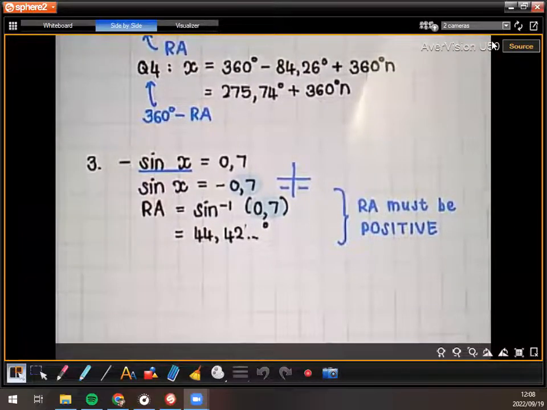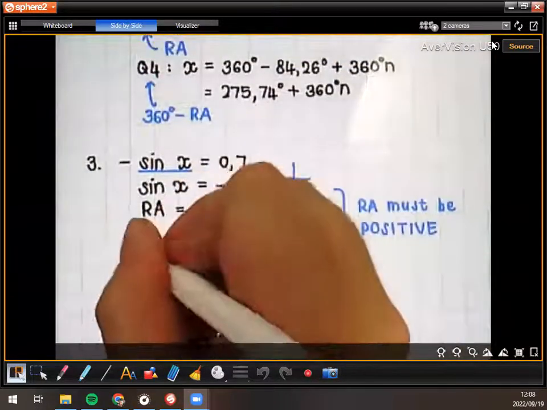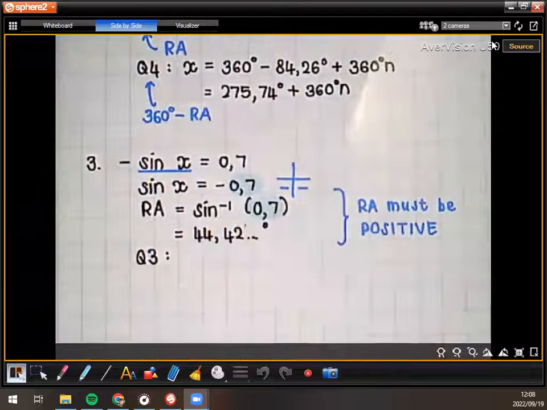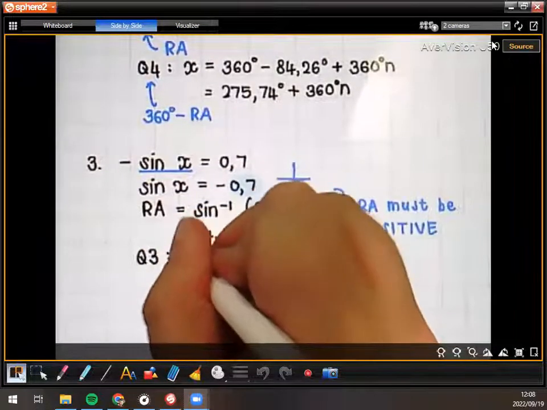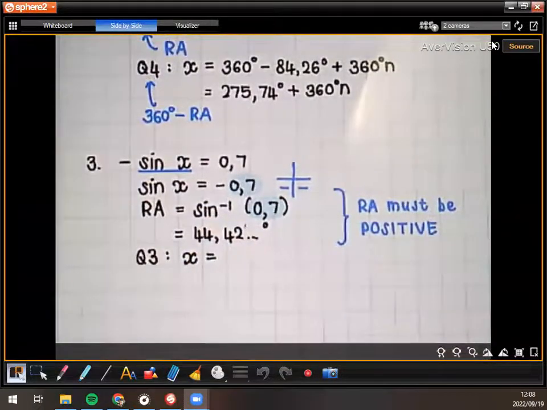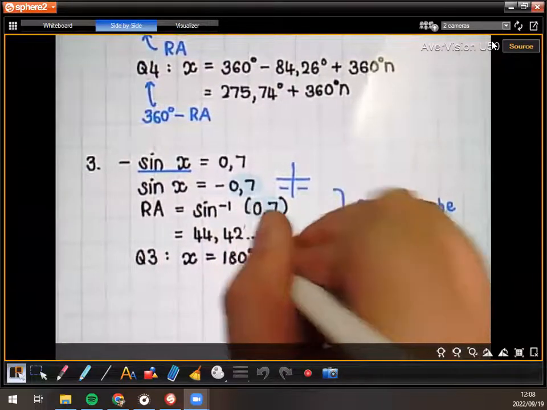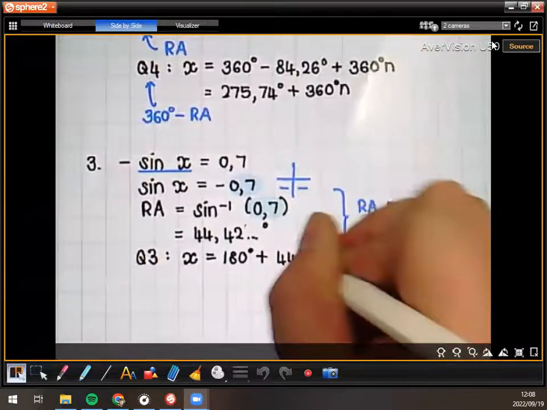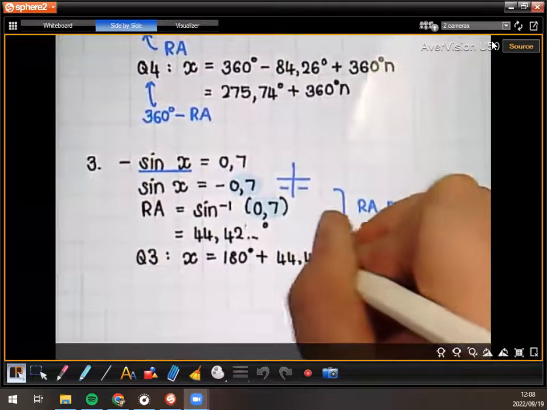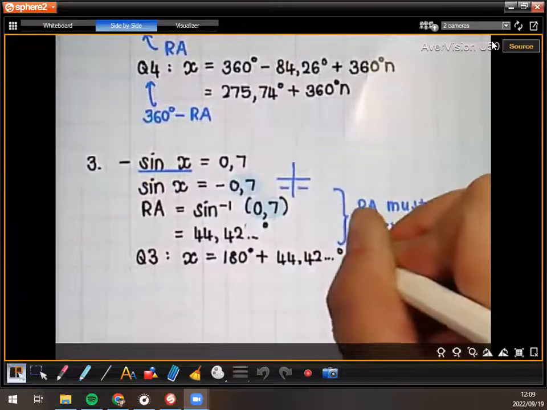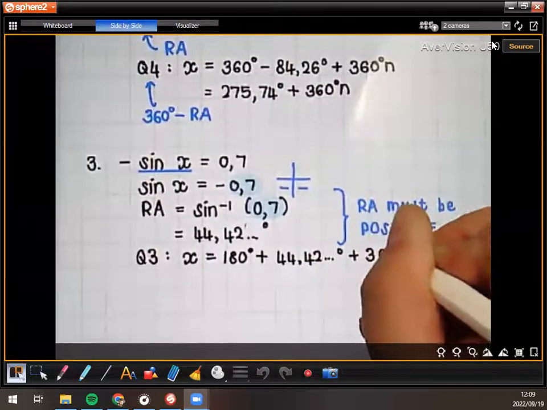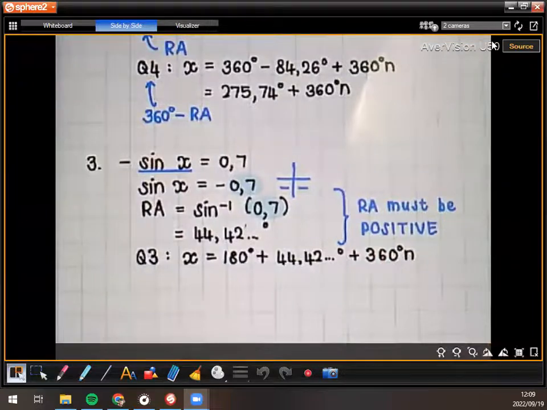We have our reference angle and we know which quadrants to work in, so now we can write our two general solutions. Quadrant 3 is the first one, so I'm going to write Q3. x is equal to, how do we find an angle in the third quadrant? We do 180 plus the reference angle, 44,42 and so on, or 43 if you want, it doesn't really matter. Remember, plus 360n.